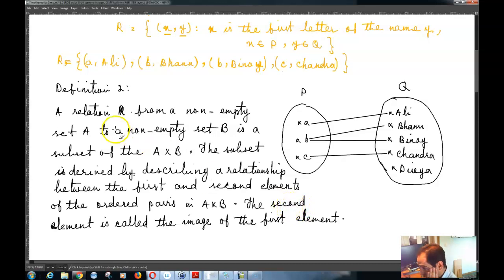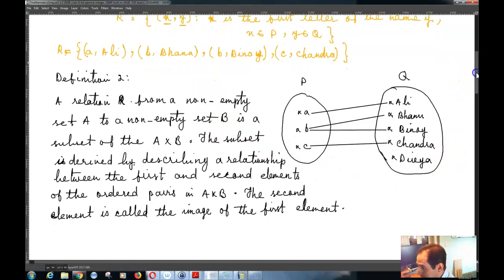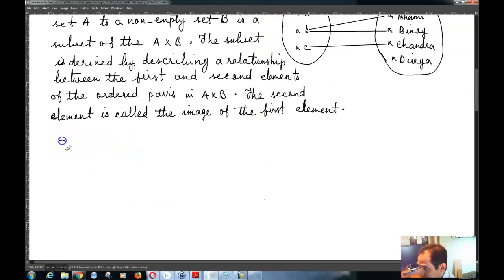So that's basically one definition here, and that's what you must understand, because that's what we did over here. And we have another definition.